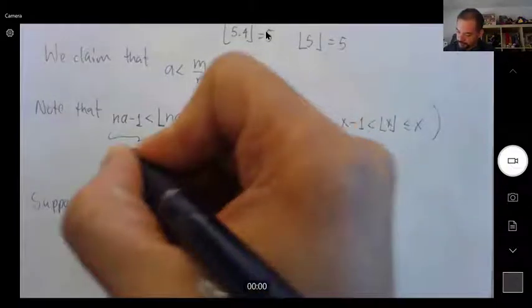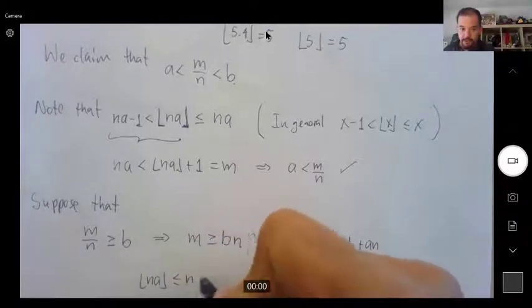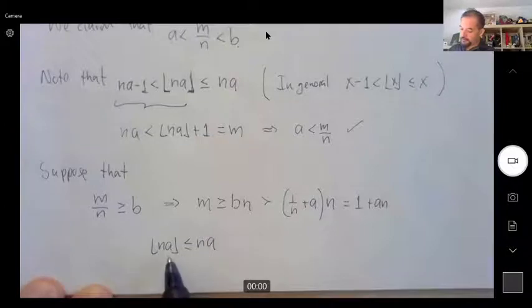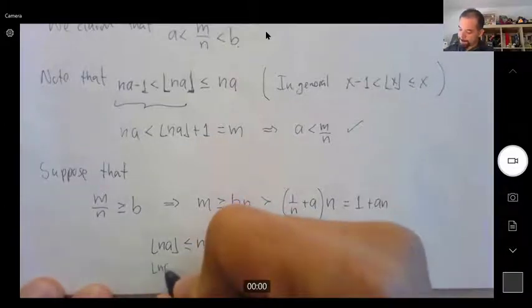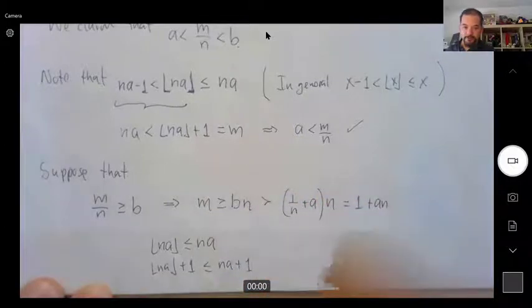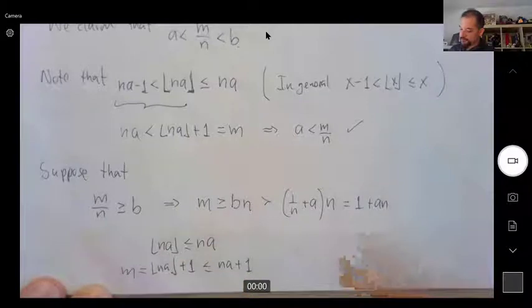It tells us that the floor of na is less than or equal to na. And if we add 1, as this one over here, but this is m, right? So we're saying that m is smaller than or equal to na plus 1.